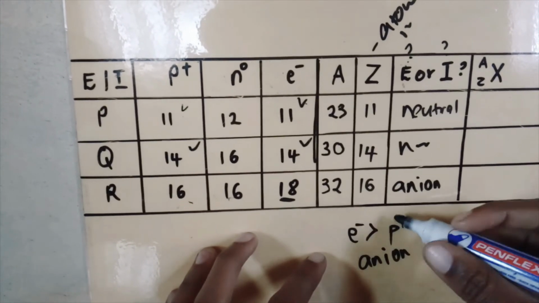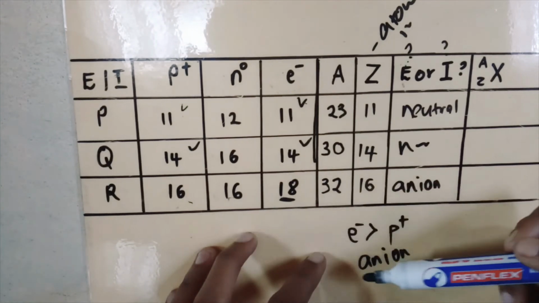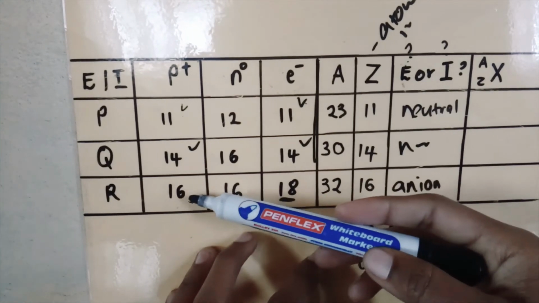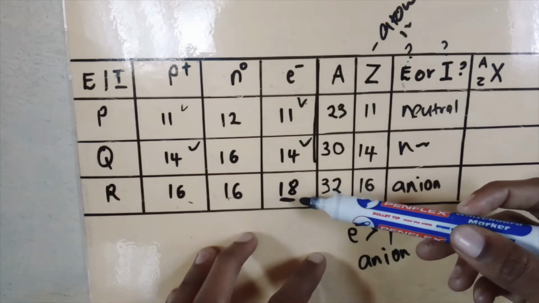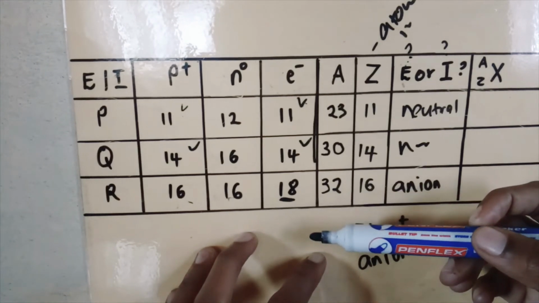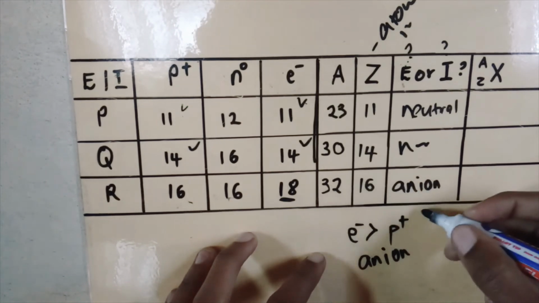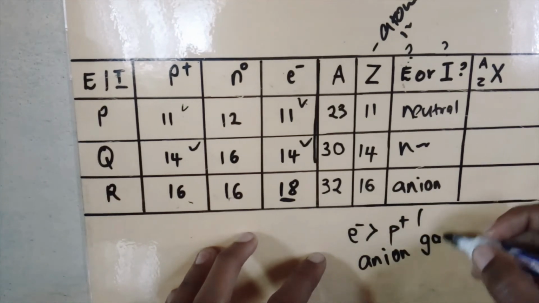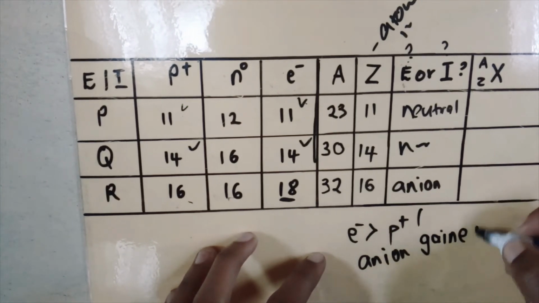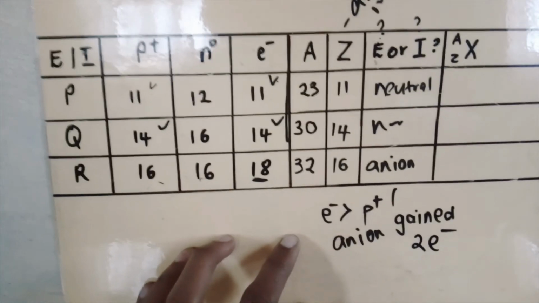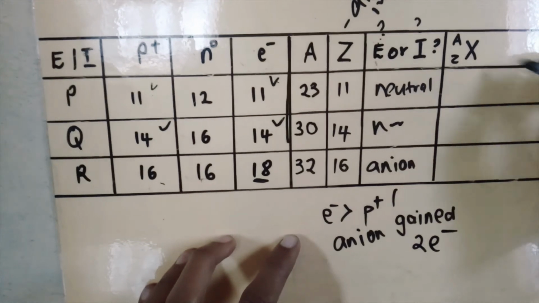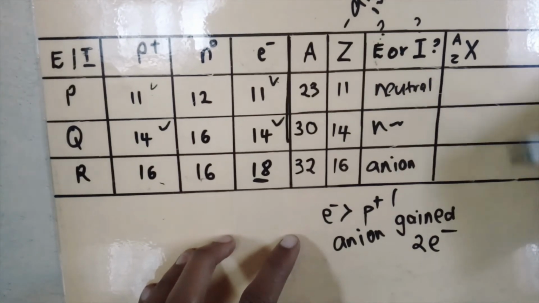If it was neutral, it would have 16 electrons, but now it has 18. This means it has gained 2 electrons.